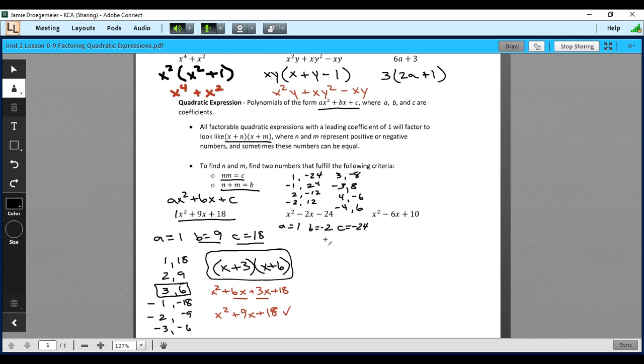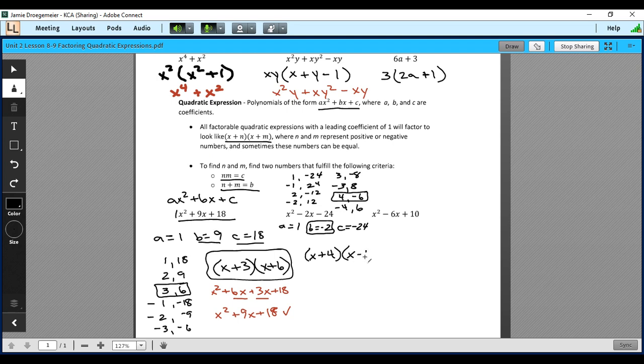The pair that I'm looking for has got to be the ones that, when I add them together, give me -2. Looking at these, the only one is 4 plus -6, which gives me -2. Those are going to be the two numbers in my binomials, in my factored form.